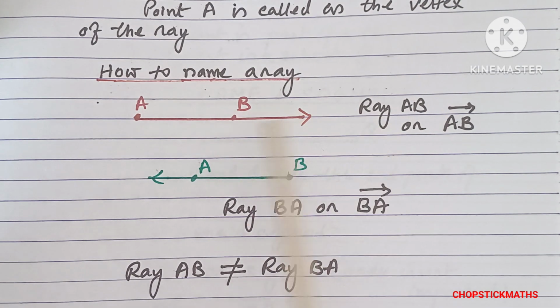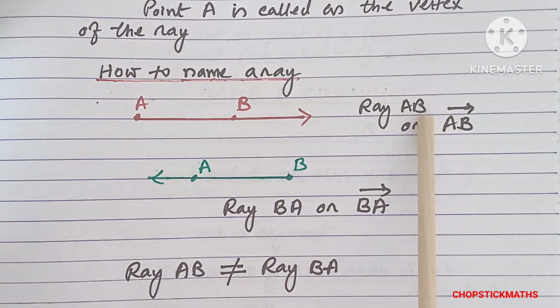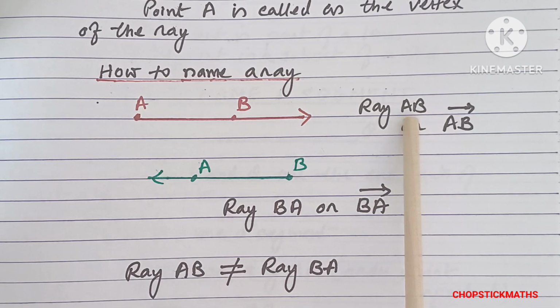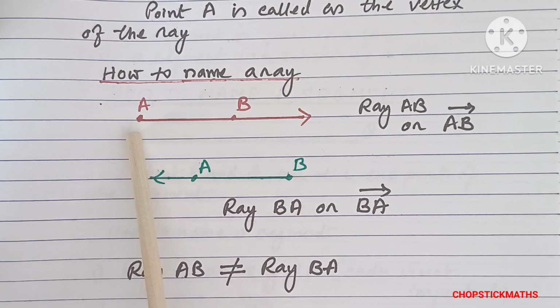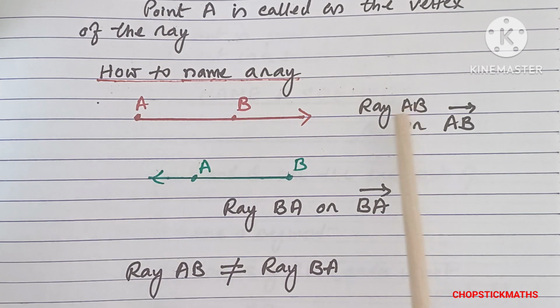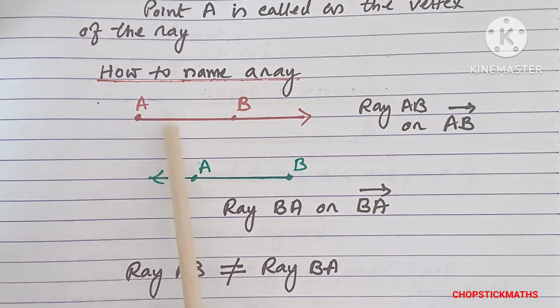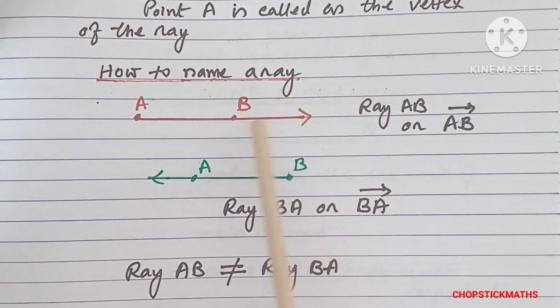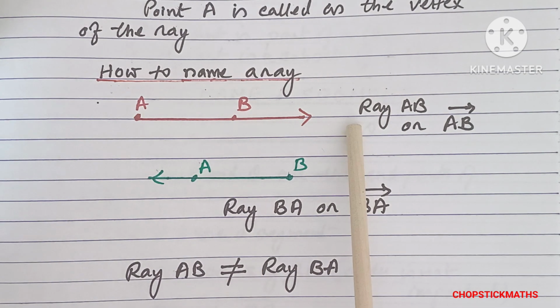So this ray will be named ray AB. As I said, the order is very important because the first point is the vertex and the second point is any other point on the ray. So you have to call this ray AB. You cannot call this ray BA, that would be wrong.